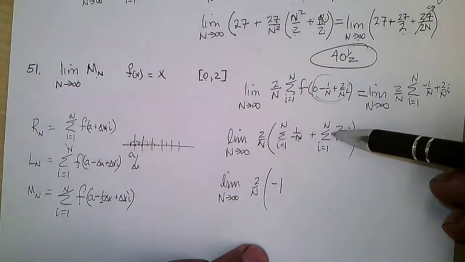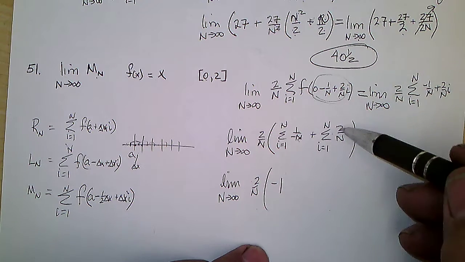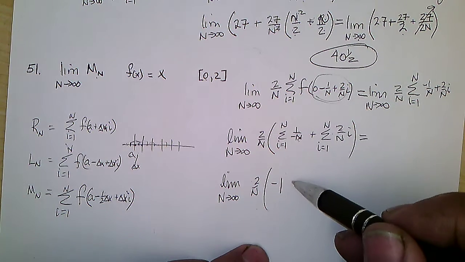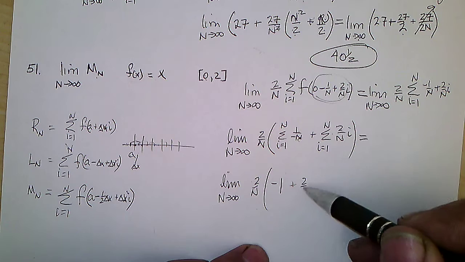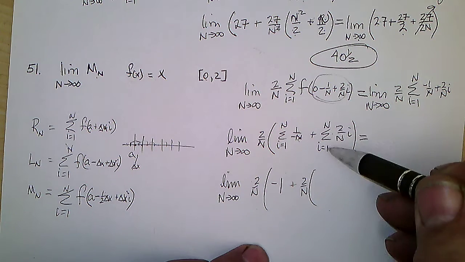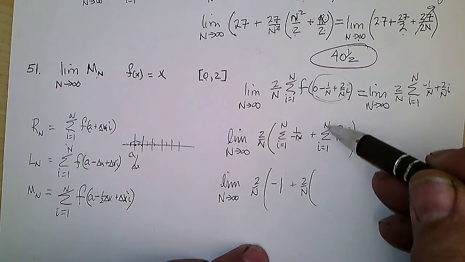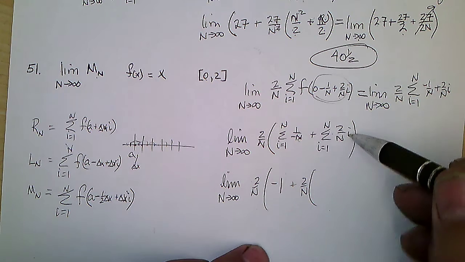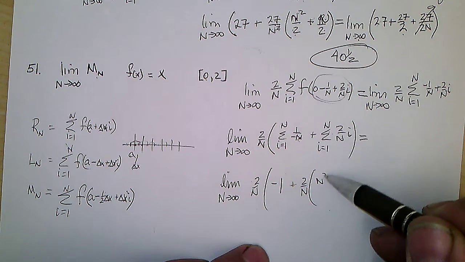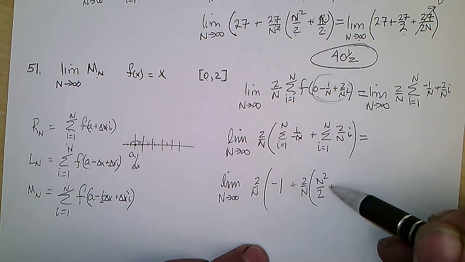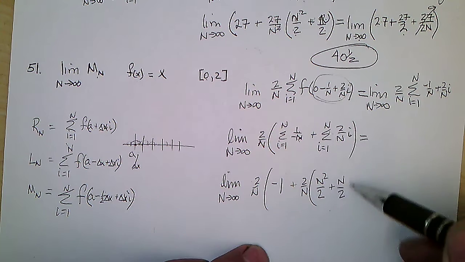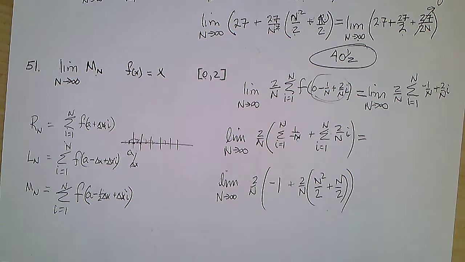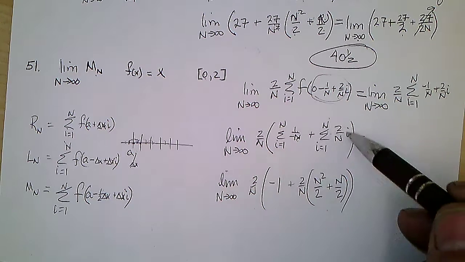And then this 2 over n comes out. And then I'd have the sum from i going 1 to n of i, which is n squared over 2 plus n over 2, from the formula in the book for i going from 1 to n of i.